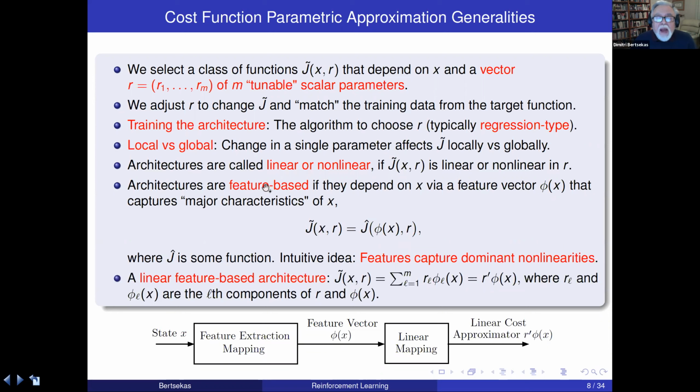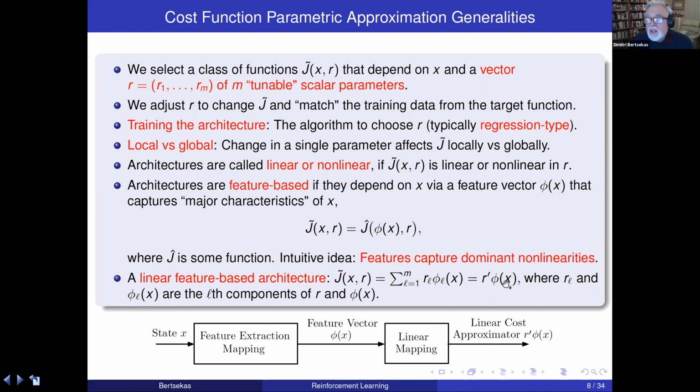Now combining these two, what's a linear feature-based architecture? It is an approximating function of this form. This is what we use to approximate the target function. It depends on X through the features. These are the M features that constitute the feature vector. R is a vector of parameters, R1 up to Rm, and it is a linear weighted sum of the features, with weights being the parameters of the architecture.